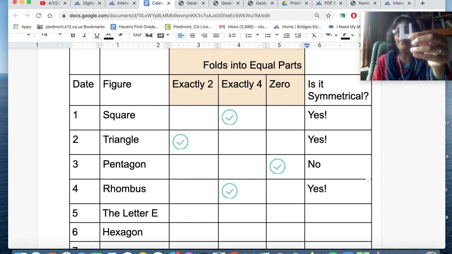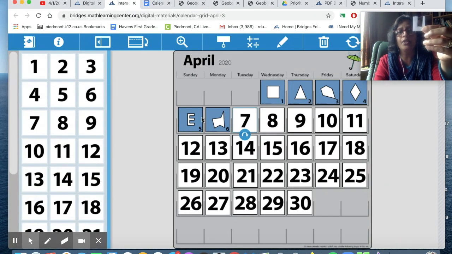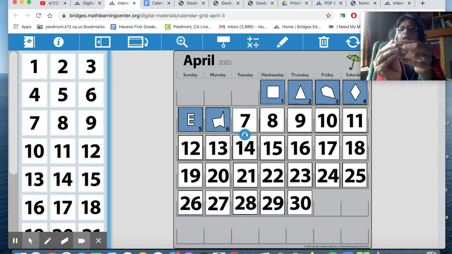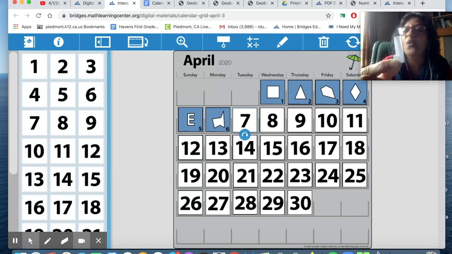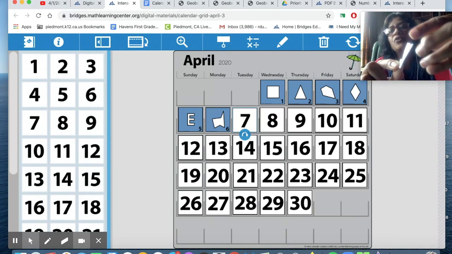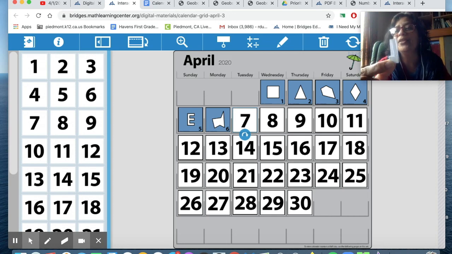The problem happens when I try to fold it another time. So we're on E. If I try to fold it another time, guess what happens? One side is too skinny. I know it's kind of hard to show you, but you can see that they just overlap only halfway, and then one side becomes too broad.